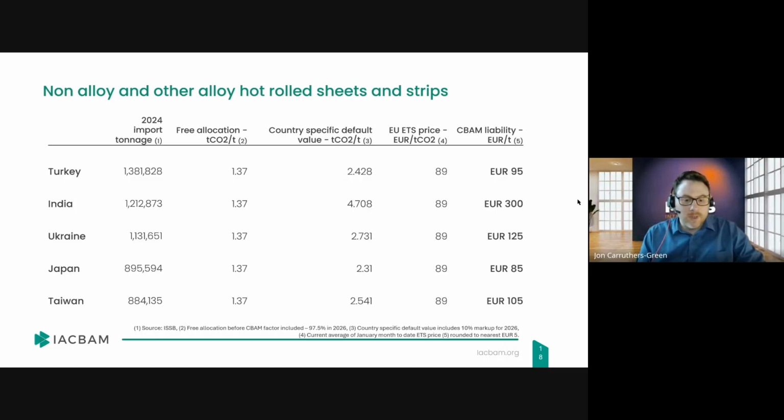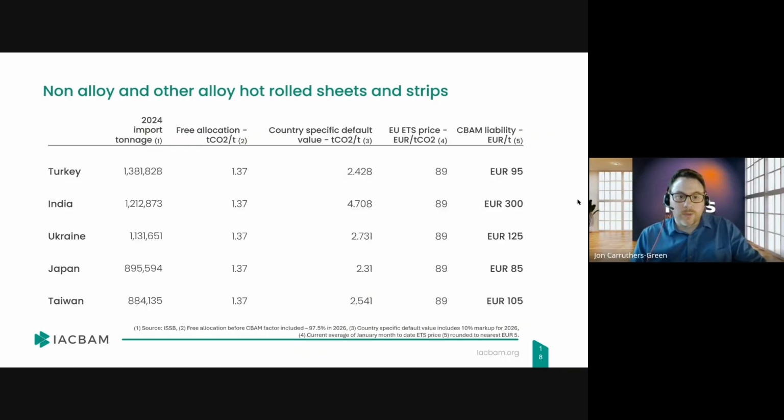The reason I'm starting with this particular product is this is the largest single steel category for import tonnage into the EU. So what I've got here on this table is just a list of the top 5 exporters of hot rolled coil into the EU, ranked in order from the largest to the smallest.